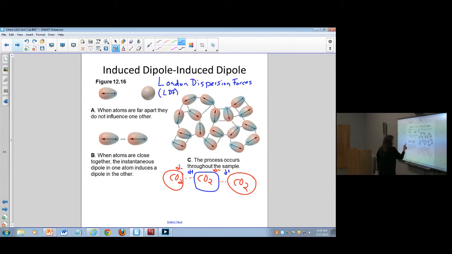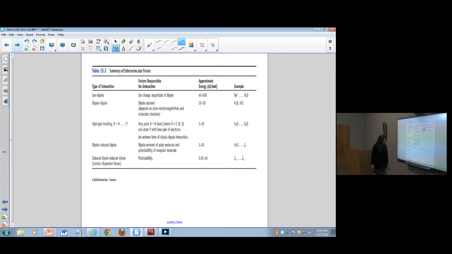However, those London dispersion forces are really, really weak compared to a dipole-dipole or an ion dipole. So usually you can't really see these forces unless it's only nonpolar covalent, because everything else is so much stronger. But they exist in every single possibility.